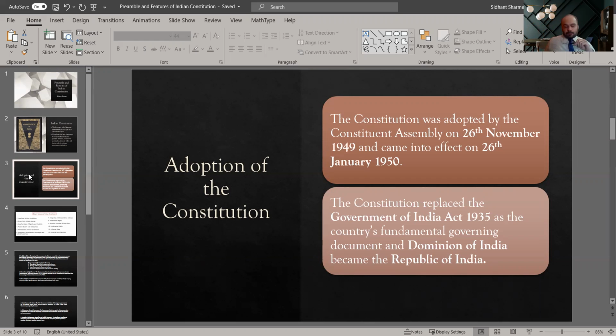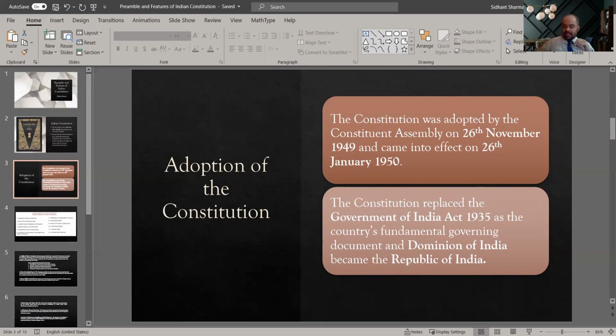Moving further, we will be moving to the different salient features of the Constitution. Before that, we need to understand how the Constitution came into being and how it was adopted. There were several British acts that were passed, such as the Quit India Act and several acts before the Constitution of India. These acts were crucial in the governance of the country.